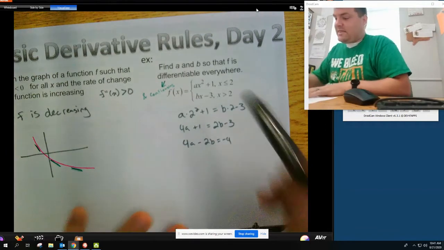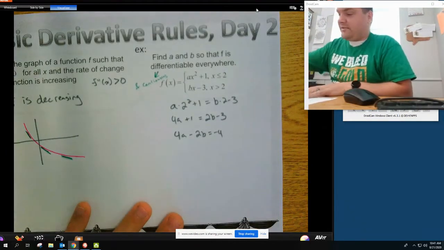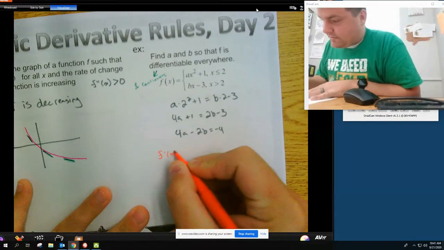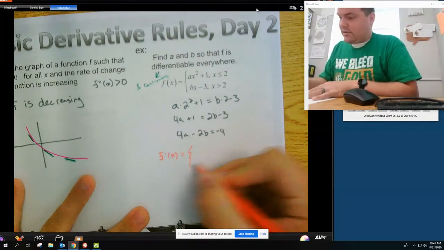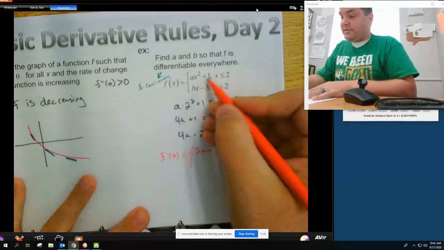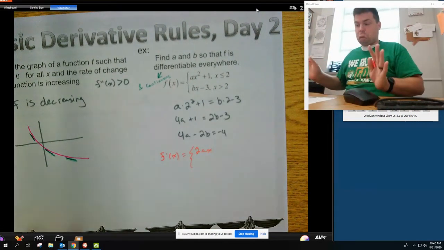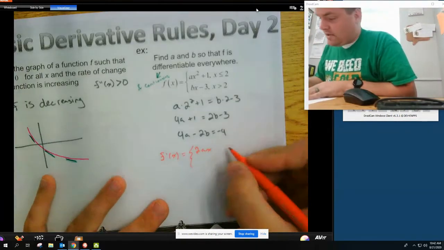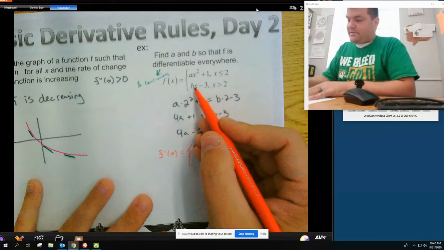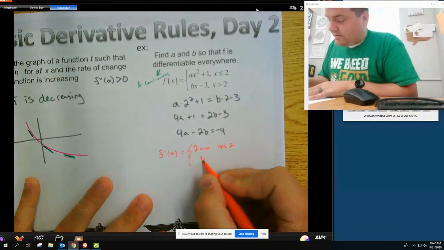All right, next part. I'm going to do this part in red for the differentiable. If I were to find the derivative of this, I would get 2ax plus 0, because the derivative of 1 is 0. And that's when x is less than or equal to 2. And the derivative of the bottom is going to be just b.